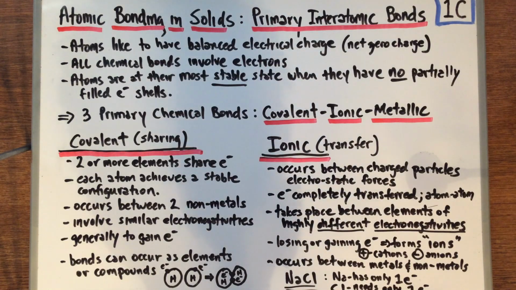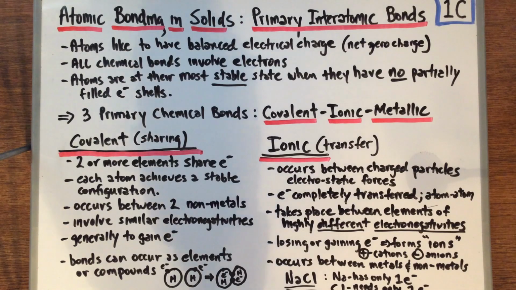Okay, so in atomic bonding, atoms, obviously, as we said before, like to have balanced electrical charges, or a net zero charge. And all chemical bonds, as we said, also involve the electrons. They're the electron glue, the stickiness, whatever you want to call it, but electrons are the only thing involved in making these different bonds.